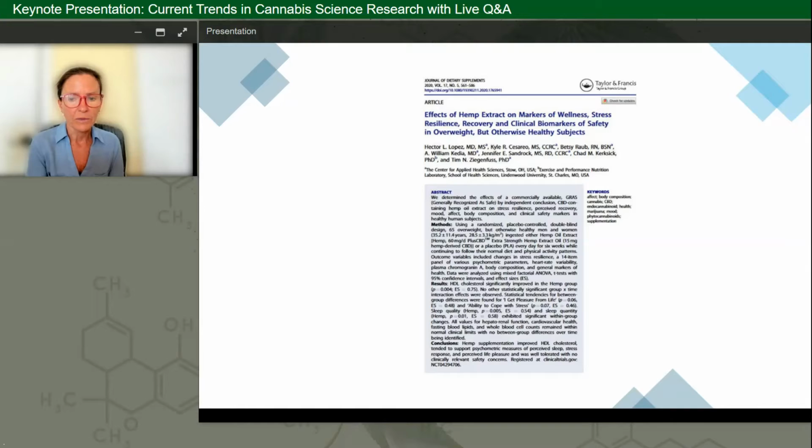And what they found here was that the hemp oil that they used as the treatment led to improved HDL levels and reduced stress, showing benefit in otherwise healthy people that are representative of the US population. Also incorporated into this are the safety parameters and safety studies. This was done by the late Dr. Hector Lopez and associates at the Center for Applied Health Sciences, a small CRO in Ohio.